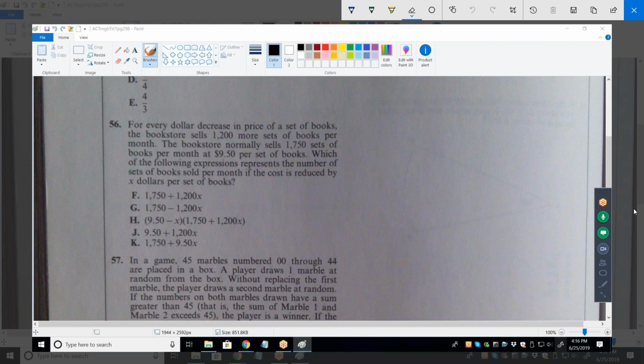So what's a great way to do this problem? That would be to back solve. No, not back solve. Pick numbers. Right, pick a number for x. All right, let's pick 1. Is 1 good? For every dollar, yeah, why not? That's a simple number. And you know what? Let me change that.